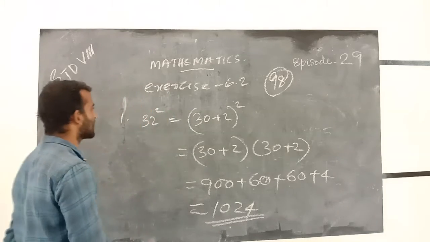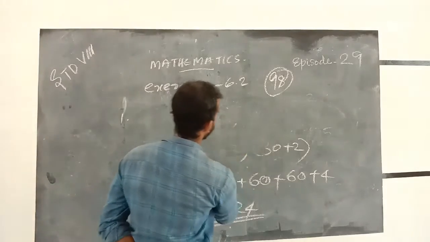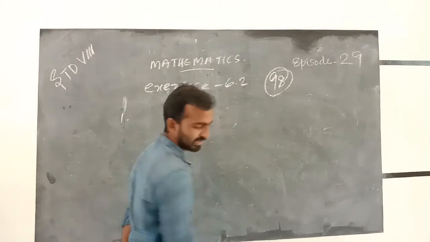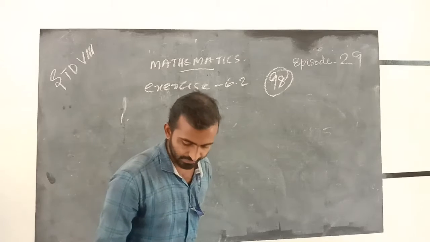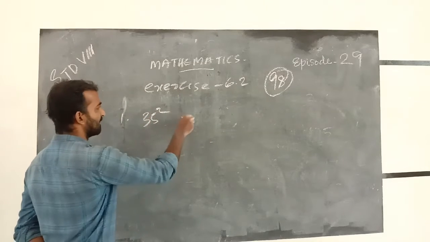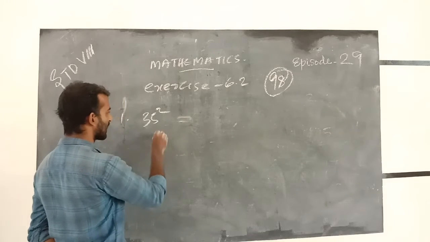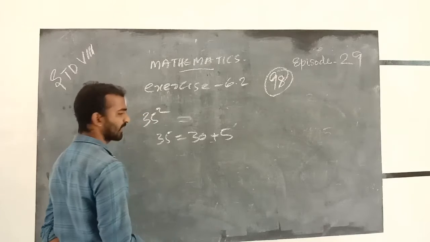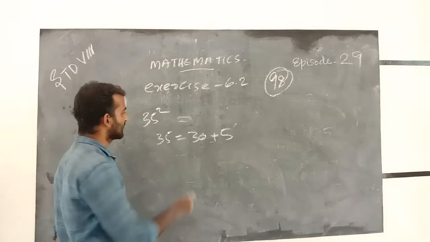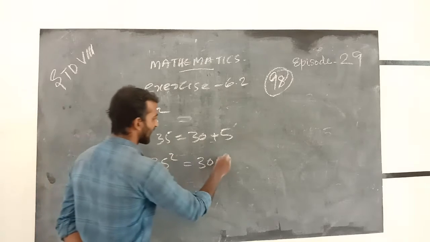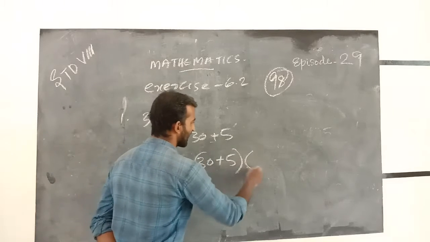And the second question is 35. We want to find the square of 35. We can write 35 equal to 30 plus 5. And next step we can write 35 square, that is 30 plus 5 into 30 plus 5.